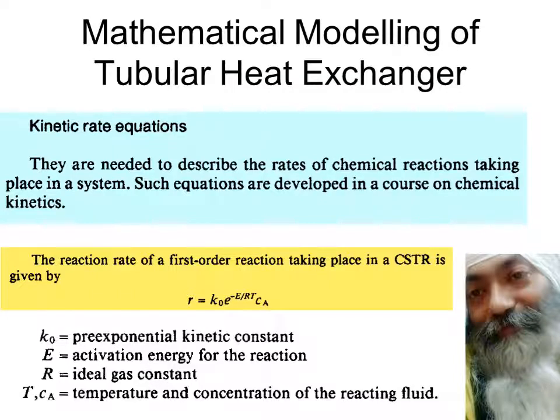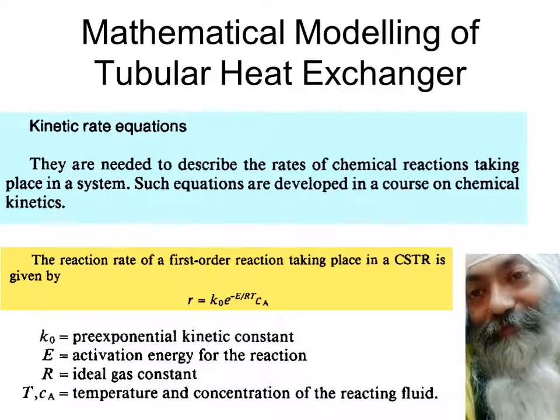Small r, of course, is the rate of reaction, and what is k_0? The k_0 is called the pre-exponential kinetic constant, for the reason I have told you. Capital E is the activation energy for the reaction, and capital R, which you have been studying for so many years, right from standard 7th or 8th, is the ideal gas constant.